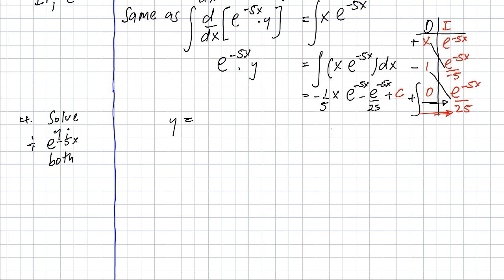The solution will be y equals negative 1 over 5 x minus, if you divide by e exponent minus 5x, we're left with 1 over 25 plus c e to the 5x. So we must remember now our initial condition.